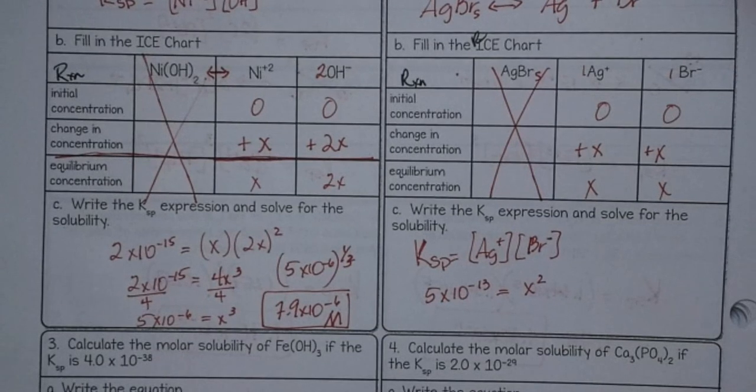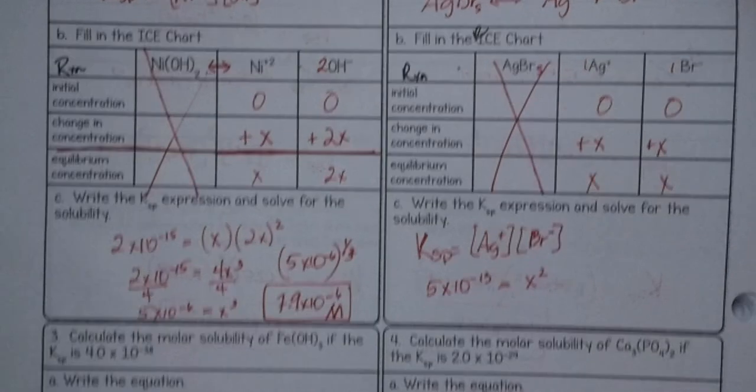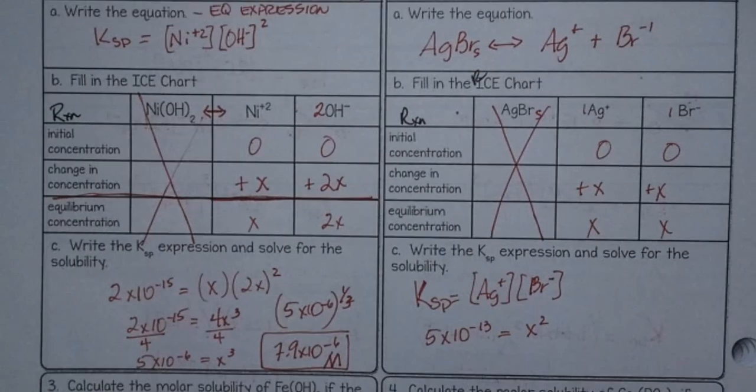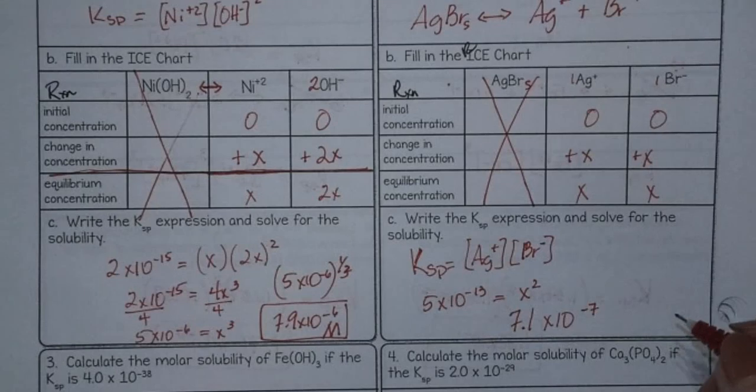How many sig figs should we have? 2, so I've got 7.1 times 10 to the what? Okay, I do have a unit of measurement on this because we're finding the concentrations at equilibrium. So it should be what? Molarity.